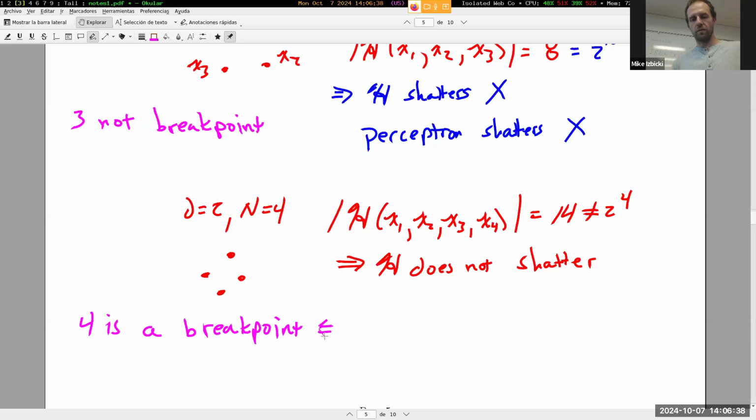These two statements are equivalent to each other, it's a double-sided arrow right there. 4 is a breakpoint: no data set of size 4 can be shattered.